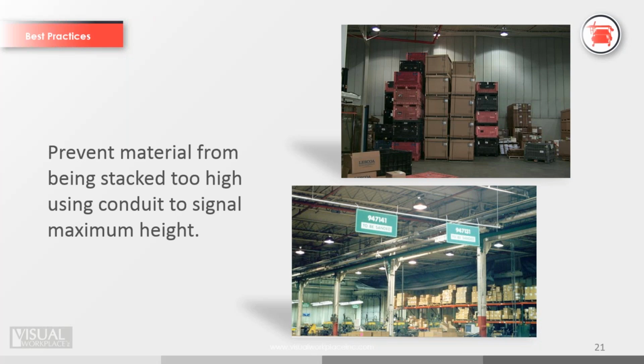But what the conduit did in hanging across was create a barrier which prevented material from being stacked too high. So again, there was a secondary benefit to creating this visual. Not only do we know where the material is, but we know we're not going to stack it too high.